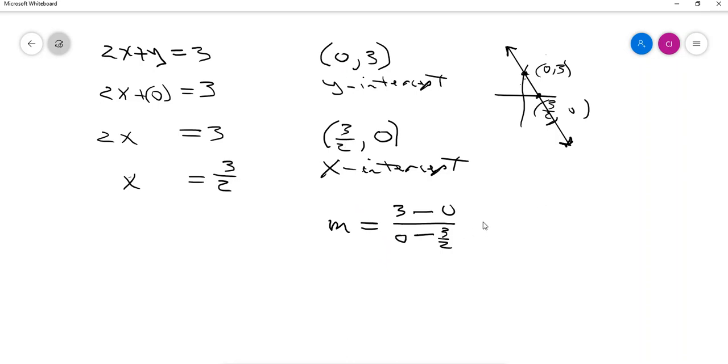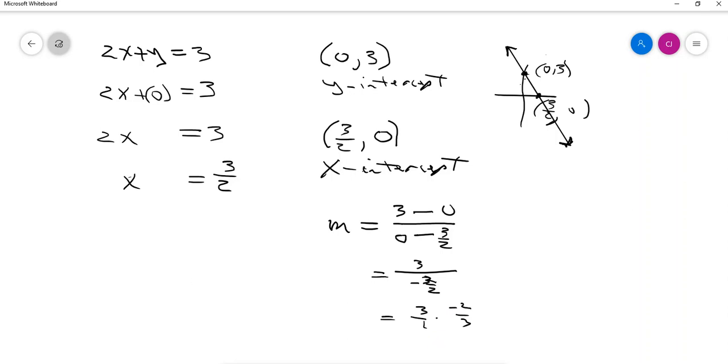So this is equal to 3 minus 0 is 3, all divided by negative 3/2. Division by fractions is the same as multiplying, so we get 3 times negative 2/3, right?